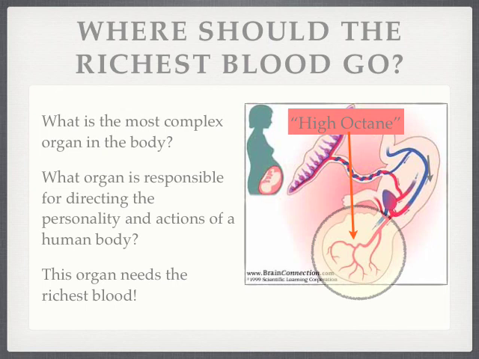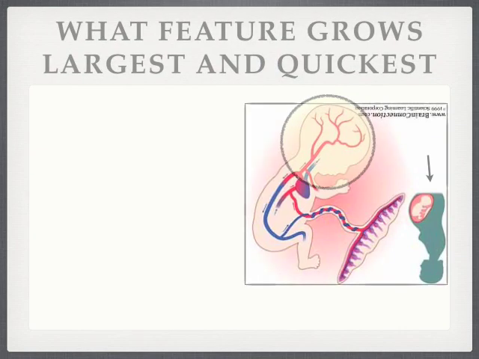But the head grows fast and well. The brain is growing fast and well because we have a mechanism to get great blood from here to where it's needed most. And if you keep that in mind, you'll be able to follow this pattern fairly well, I think. Okay.